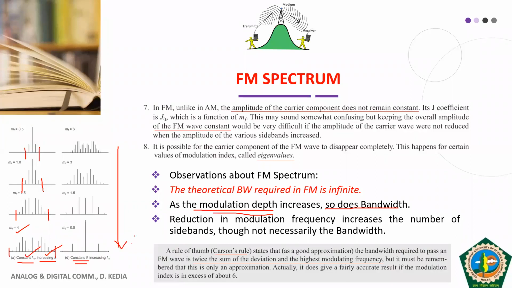Okay, or if you want to increase the modulation index value by keeping delta constant and by decreasing FM. Fine, so what is happening? See, how much is the bandwidth when we have modulation index 0.5? Okay, this much is the bandwidth.